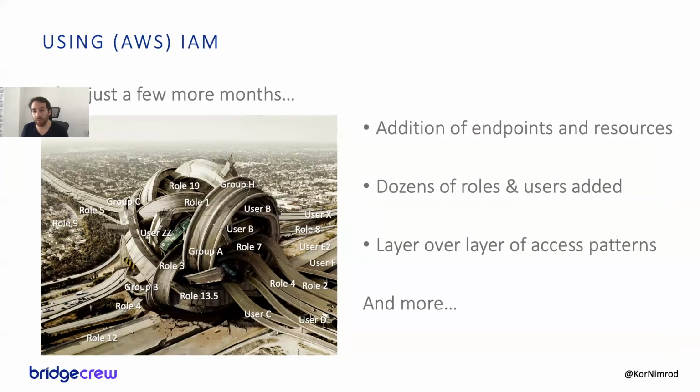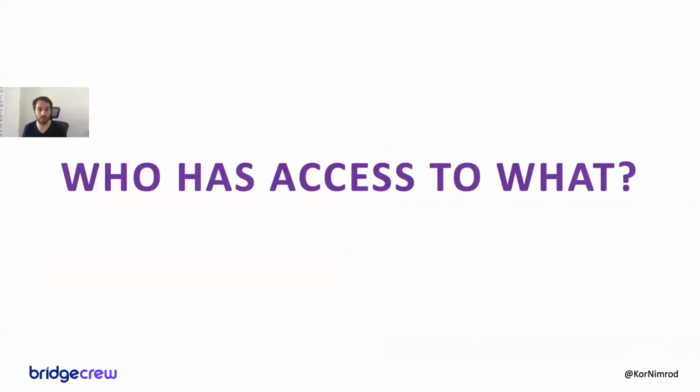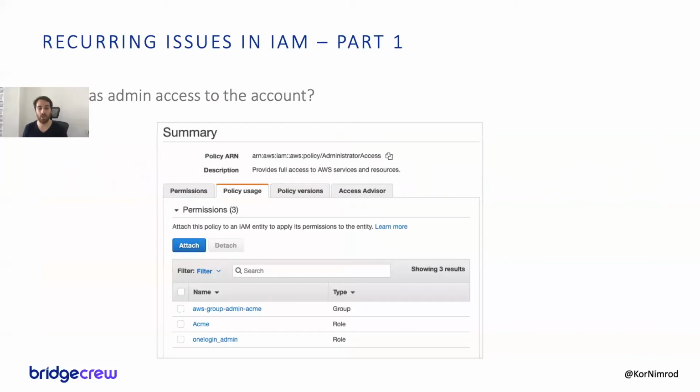Now, coming at it from a security perspective, there's really just one question IAM should answer. And that's this simple question. However, it is hard to answer. So let's try to break it down and see what it holds. So the first question I would ask is, who has admin access to the account, right? So naturally, I would go to the administrator access policy and see who has that policy attached.